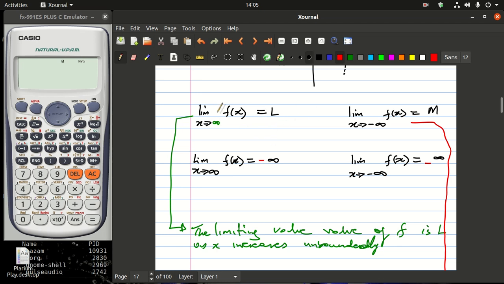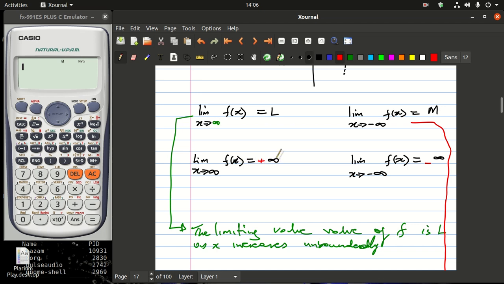The function f of x is converging to some value L as x increases unboundedly. So as we keep increasing x, because this is positive, f of x is converging to that particular value. But in this particular case here, let's say this was positive infinity. This would say that f of x is diverging.